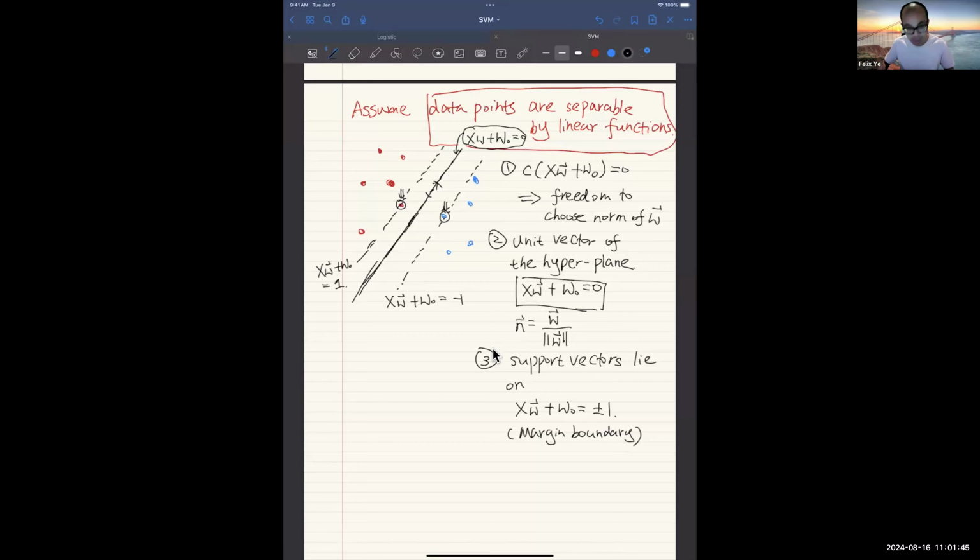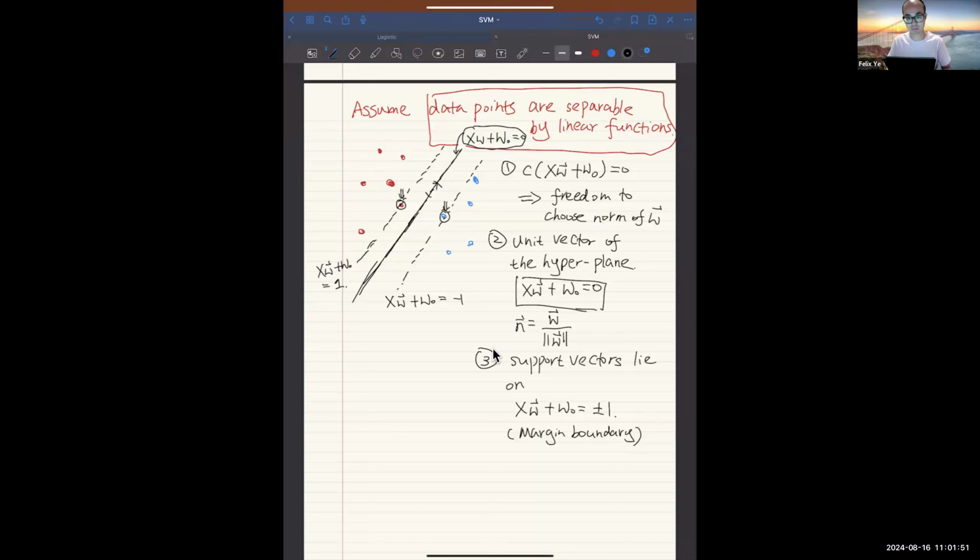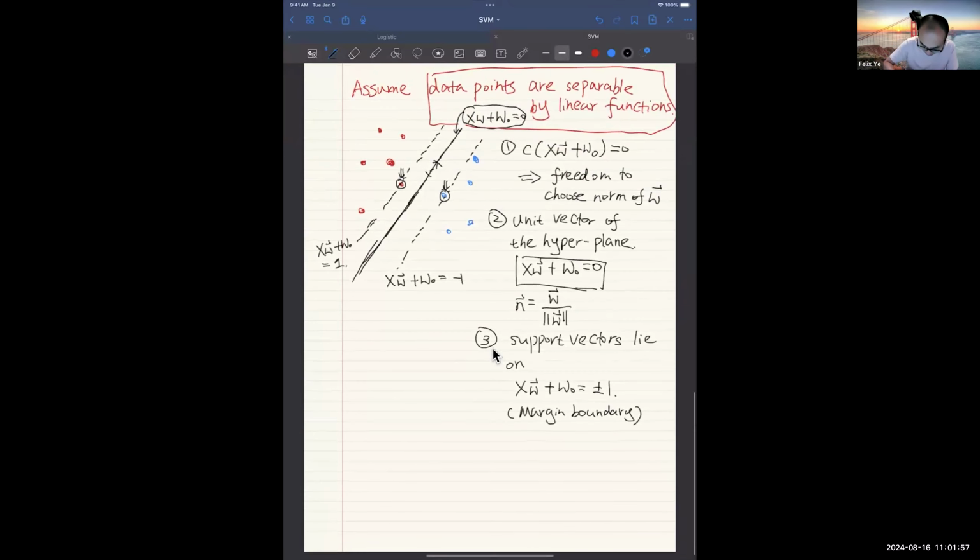So that means all examples other than the support vectors have to be either bigger than 1 or less than minus 1.